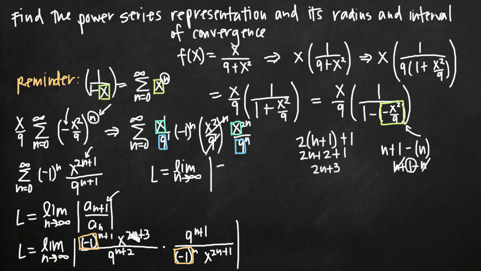When we take x to the 2n plus 3 over x to the 2n plus 1, we subtract those exponents. Our 2n's cancel, we get 3 minus 1, which is just 2, and we're left with positive x squared in our numerator. Then same thing here, 9 to the n plus 1 over 9 to the n plus 2. When we subtract the exponents, our n's cancel and we're left with 1 minus 2, or just -1.